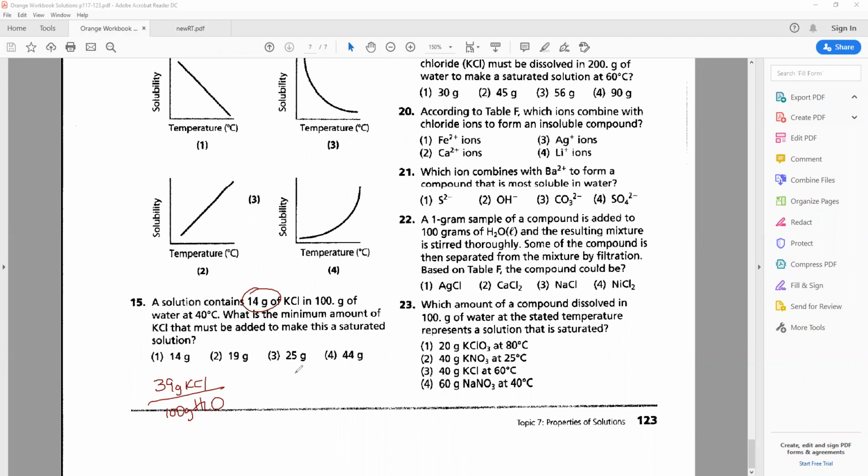Well, I have 14. I need 39. I already have 14. I need 25 grams more. I'm going to add 25 to make it a total of 39 grams to make it a saturated solution.